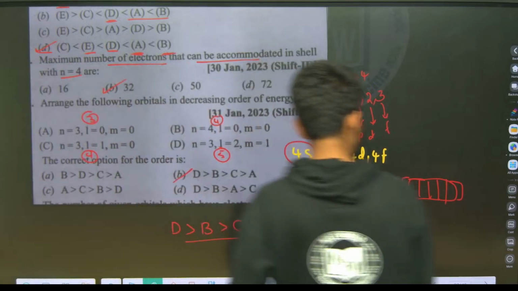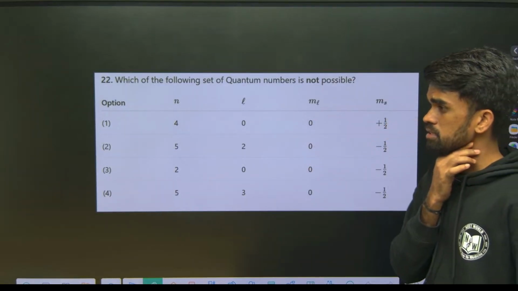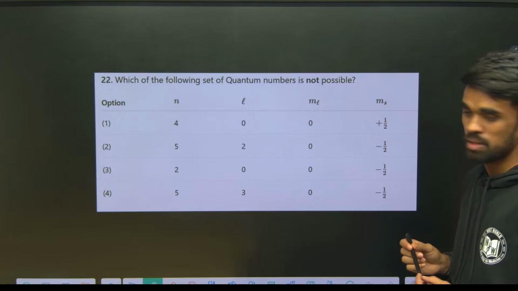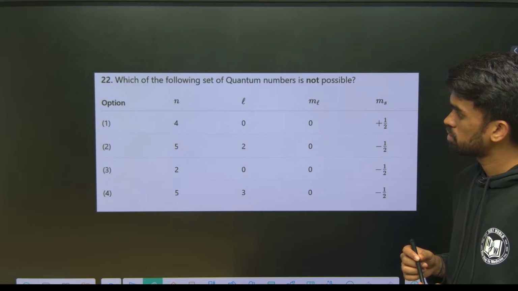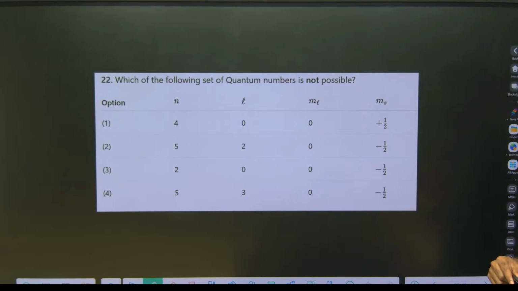Next. Tell me the answer for this. Which of the following sets of quantum numbers is not possible? How will you answer this?